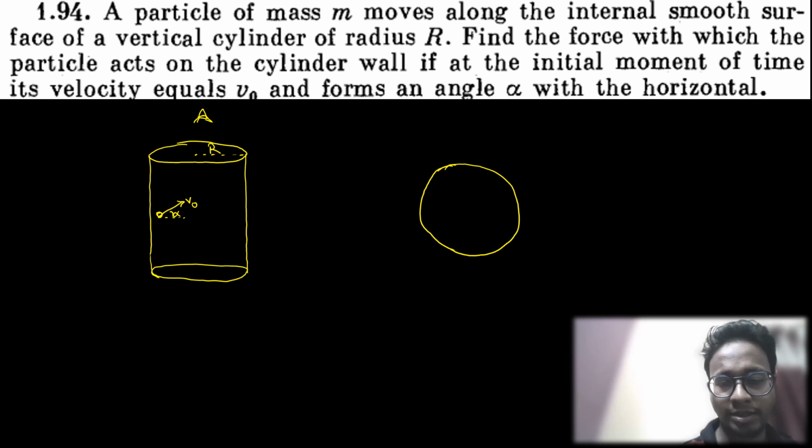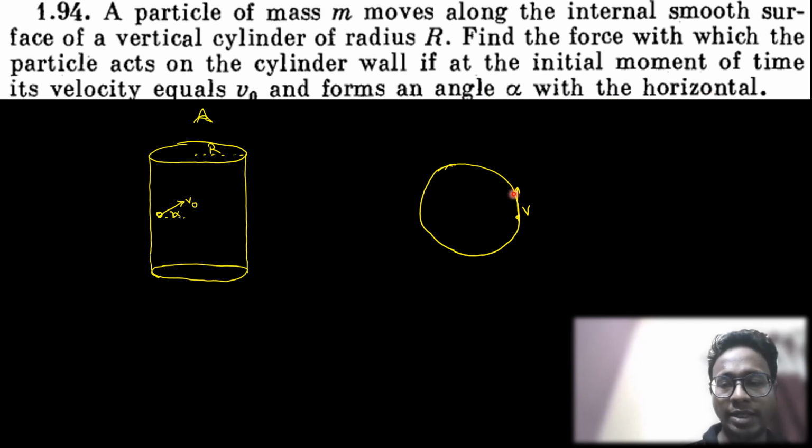The particle is moving with velocity v along the plane of the cylinder. The question is saying, find the force with which the particle acts on the cylinder wall if at the initial moment its velocity is v naught and forms an angle alpha with the horizontal.